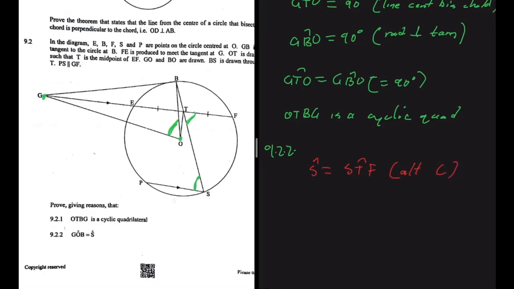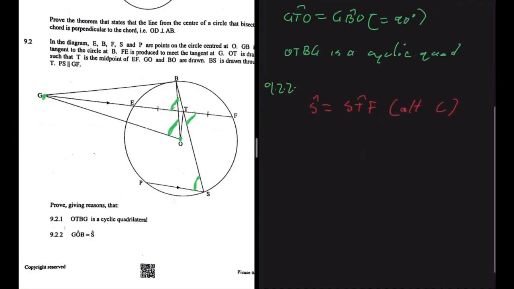But if you look at STF, you will see that STF is equal to GTB, right? So angle STF is equal to GTB because those are vertically opposite angles, right?